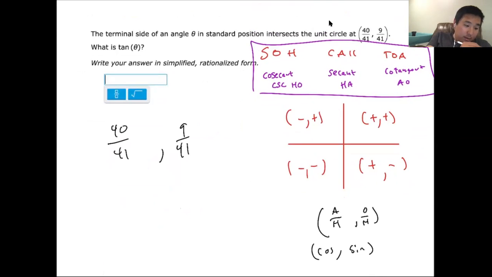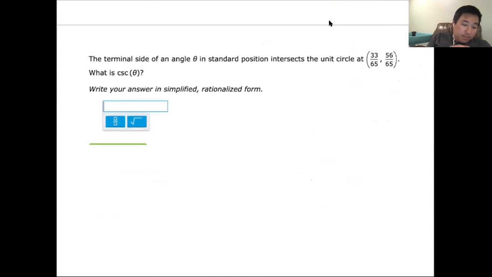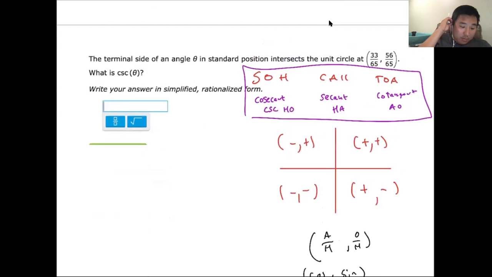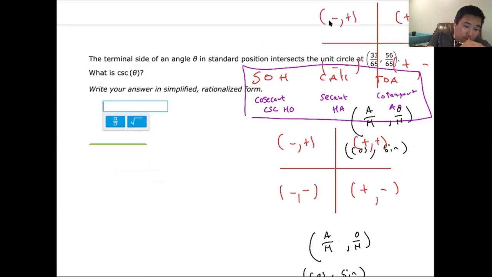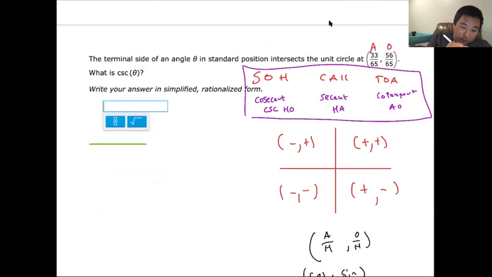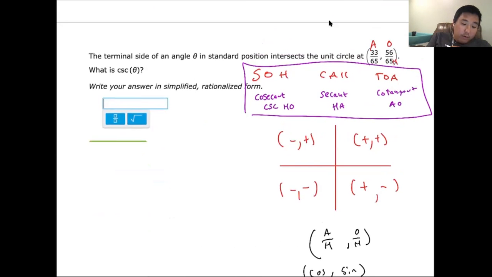So this is A, O. So then we need 9 over 40 because it's tangent. This is O, this is A, O, and then H. We want to find secant, which is H over O, so it's going to be 65 over 56. Actually, just the flip of that.